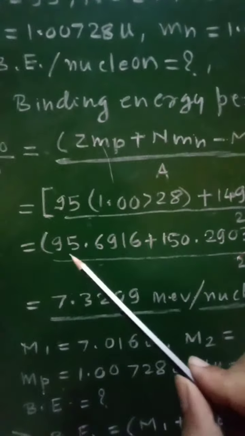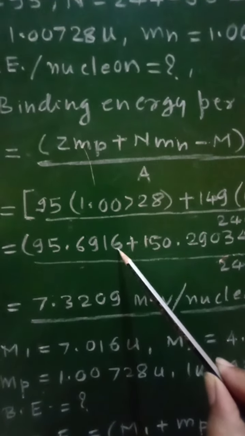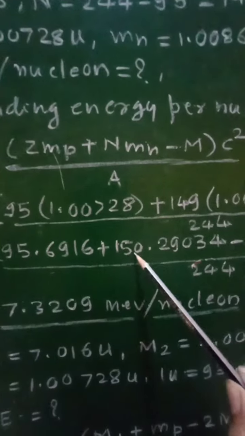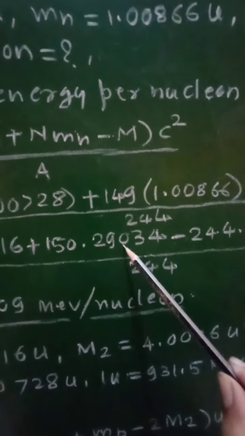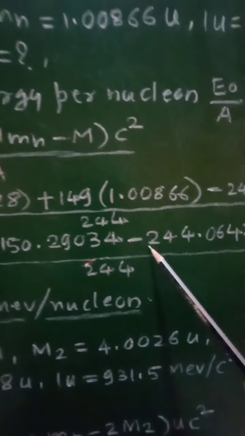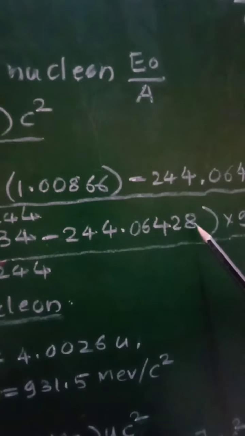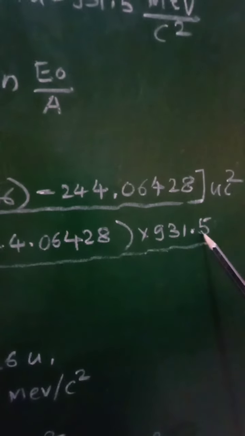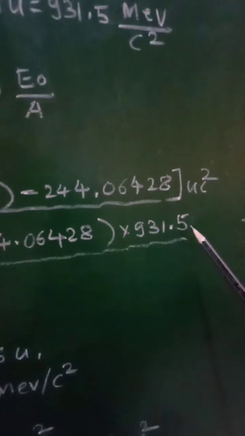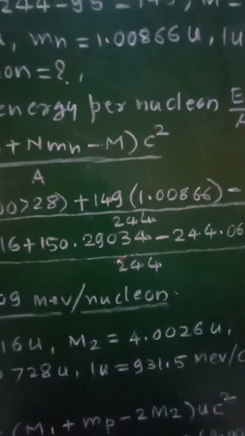Simplifying this we will get 95.6916 plus 150.29034 minus 244.06428, into 931.5 divided by 244.